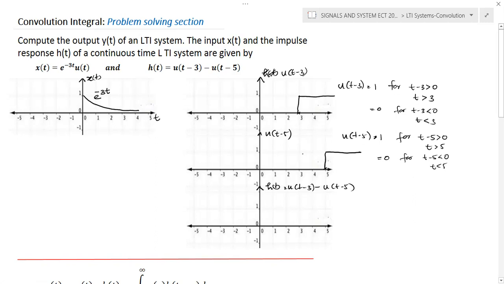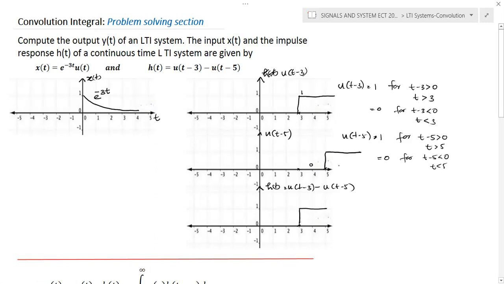If you observe the signal up to 3, for u of t minus 3 the amplitude is 0, and for u of t minus 5 the amplitude is 0. So you'll get 0 up to this point. From 3 to 5, u of t minus 3 has an amplitude of 1, and u of t minus 5 is 0. So 1 minus 0, you will get 1 from 3 to 5.